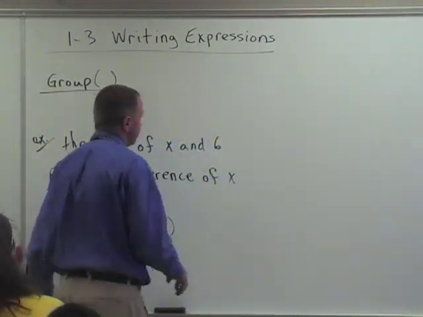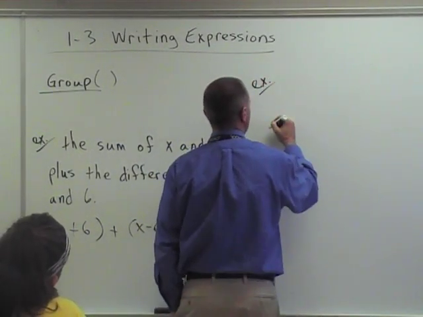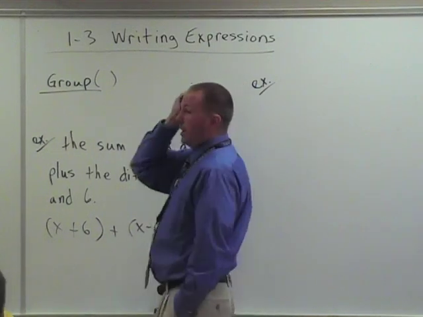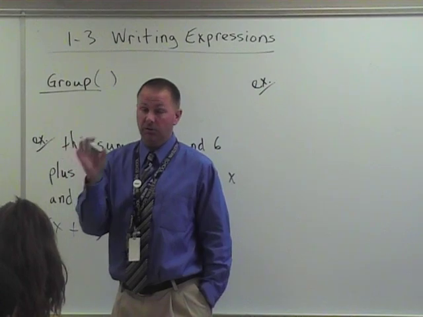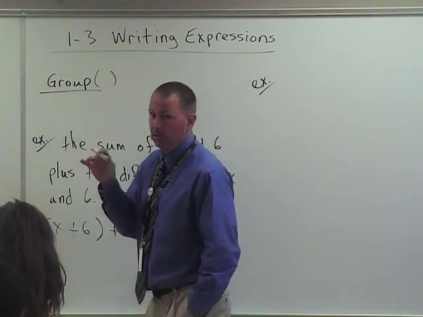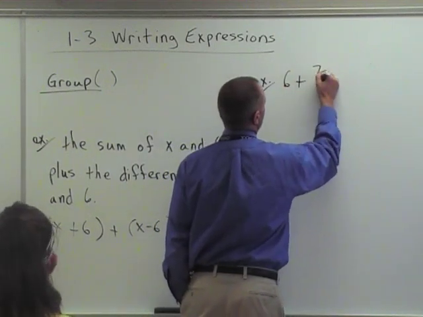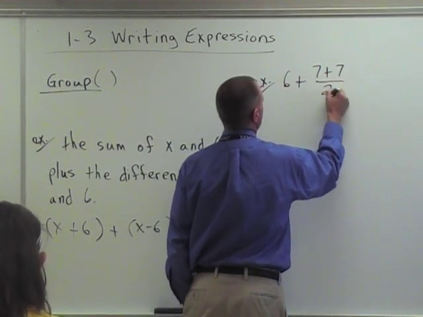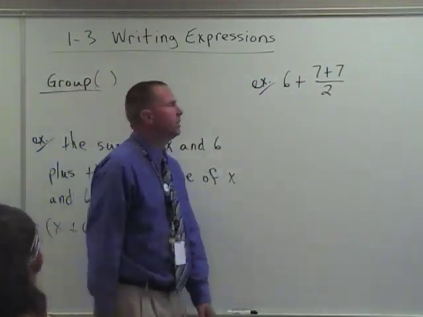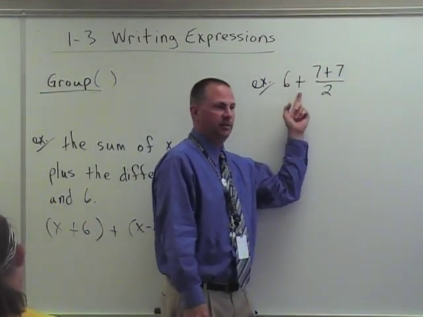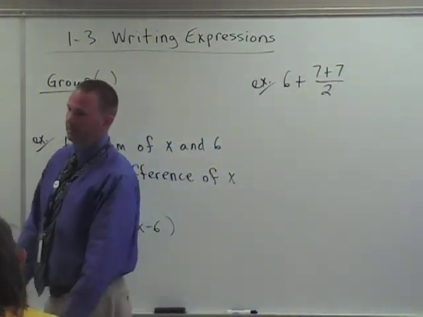Here's a great example. On your calculator, if you have a calculator, now some of your calculators are made to do certain things in order. So some of your calculators will work. If you just put into your calculator 6 plus 7 plus 7 divided by 2, tell me what you get.